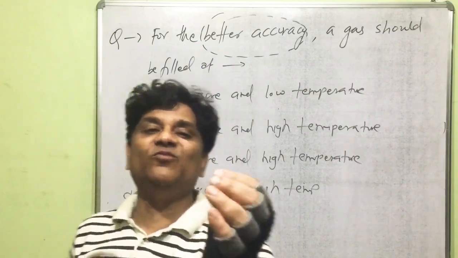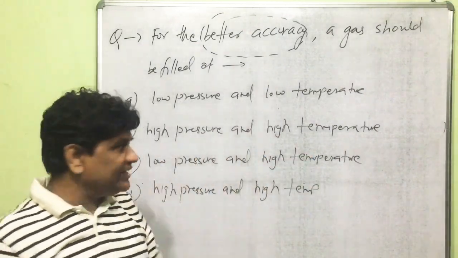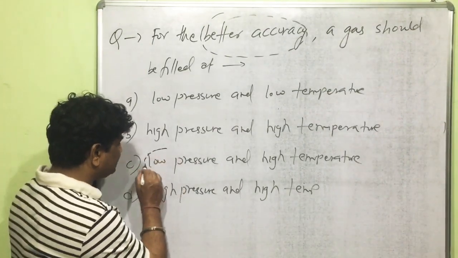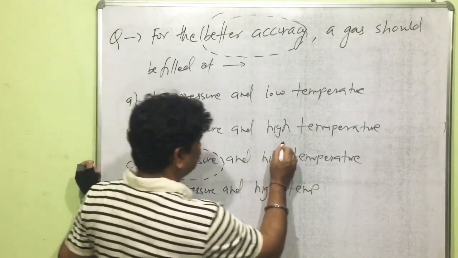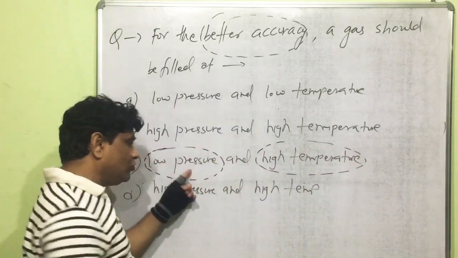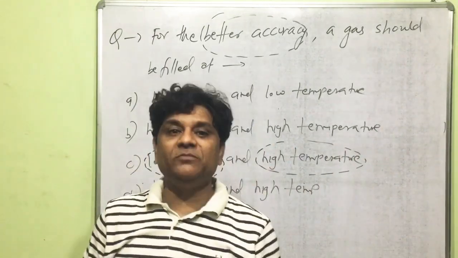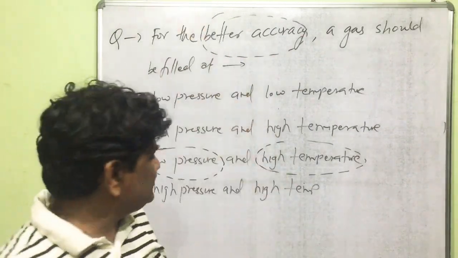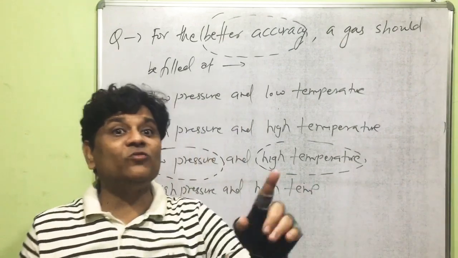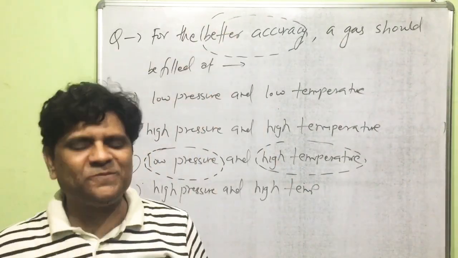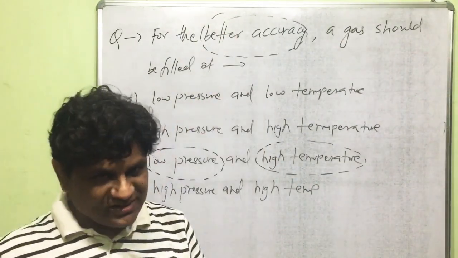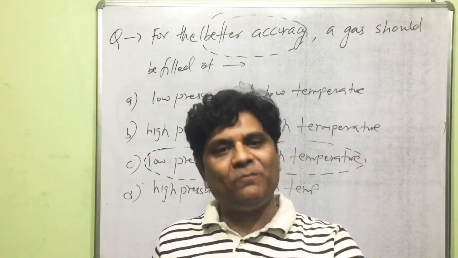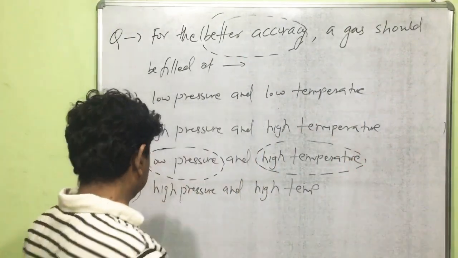Greater expansion is possible only when the gas is filled at low pressure and high temperature. Low pressure means more expansion, and high temperature again means more expansion. Greater the expansion, better the accuracy. So for better accuracy, a gas should be filled at low pressure and high temperature.